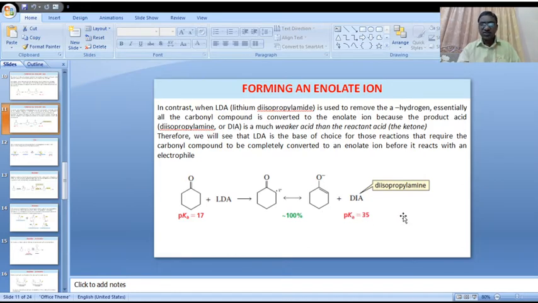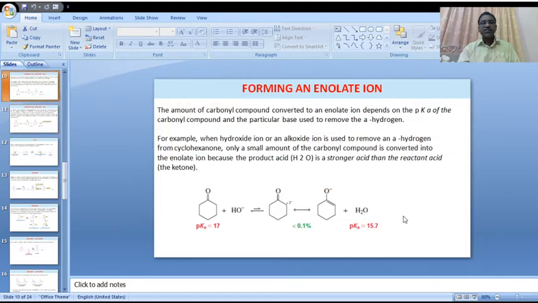But in the last reaction we used the normal hydroxy functional group. In that case, this reaction produces a water molecule. This water molecule's pKa value is 15.7.